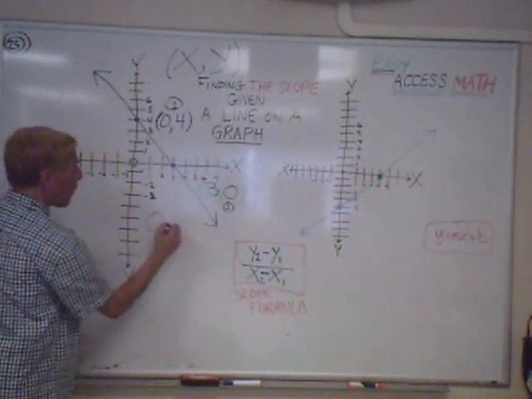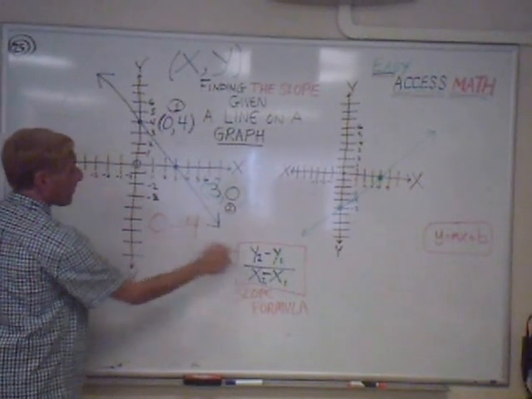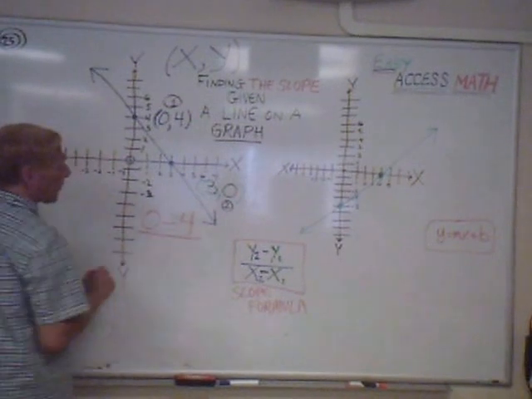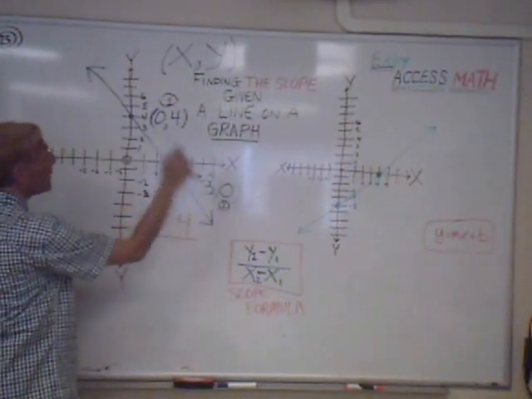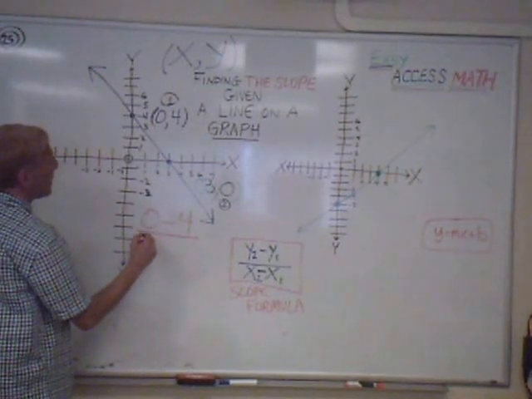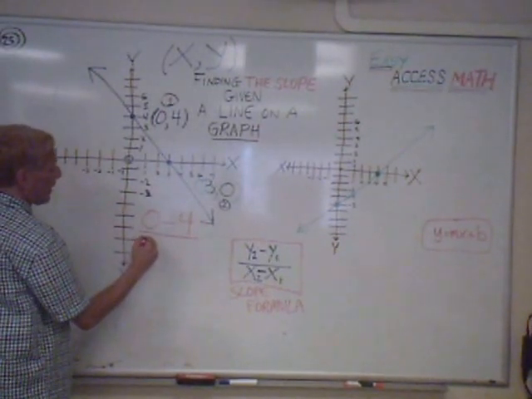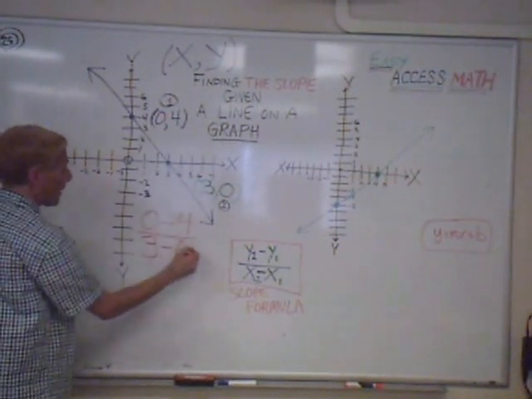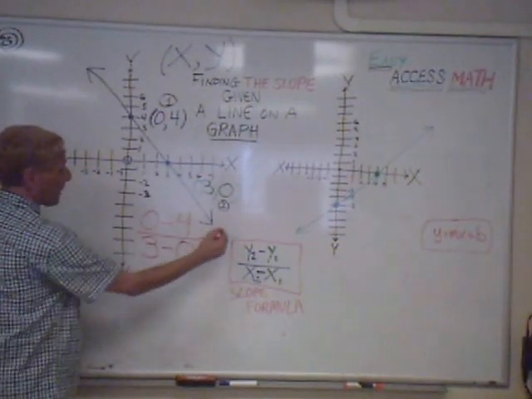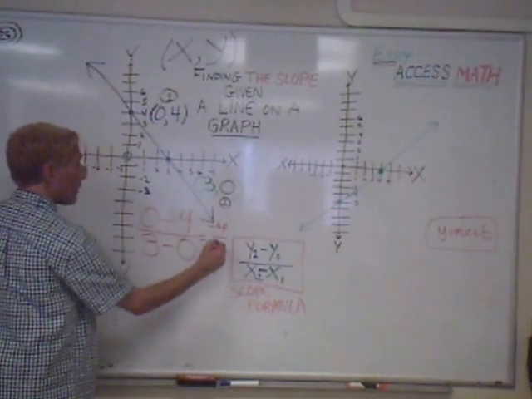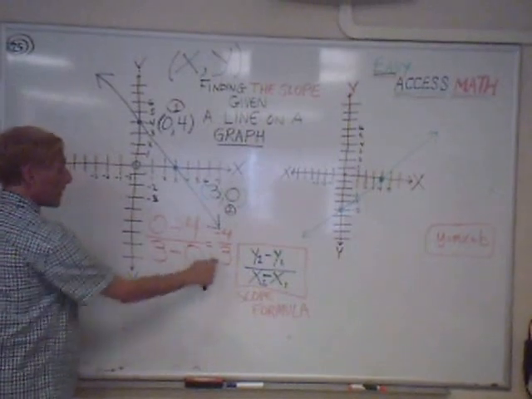So using the formula, I have 0 minus 4 over x2, which is 3, minus 0. That gives me on top negative 4, and 3 minus 0 is 3.